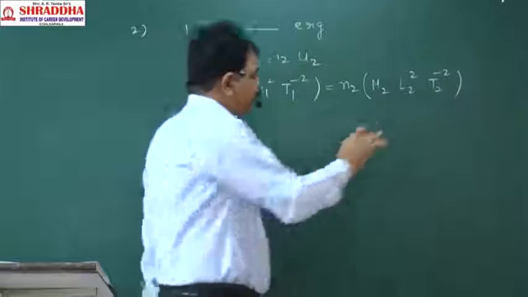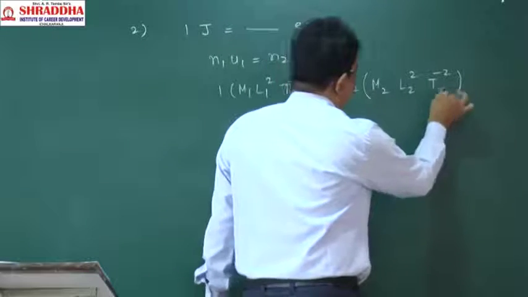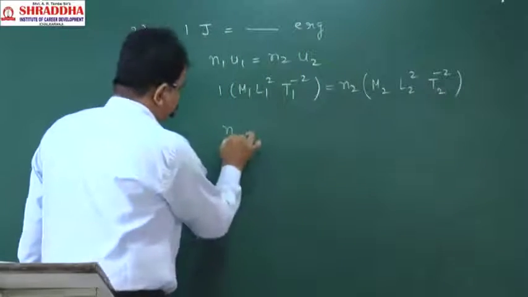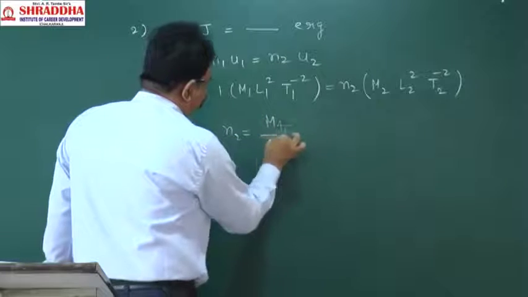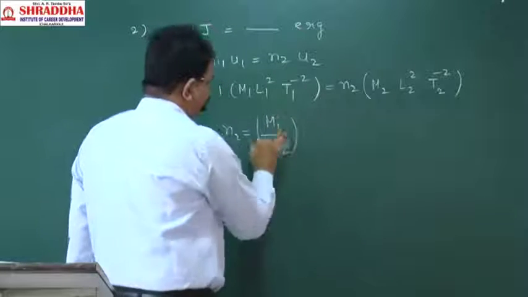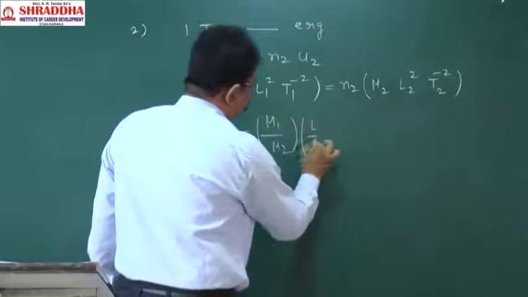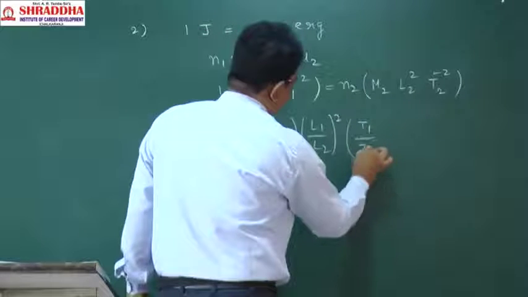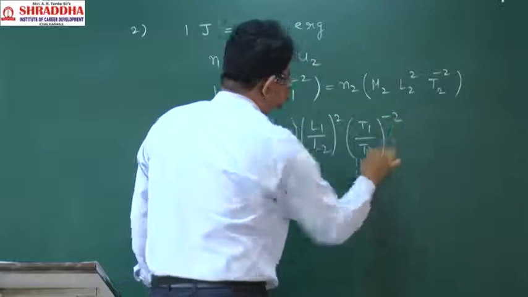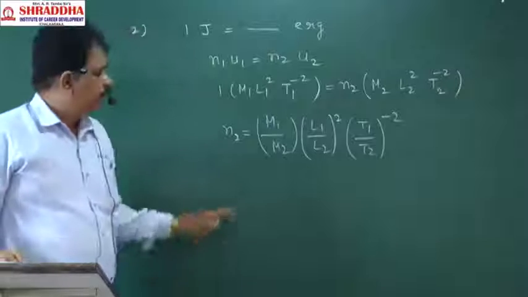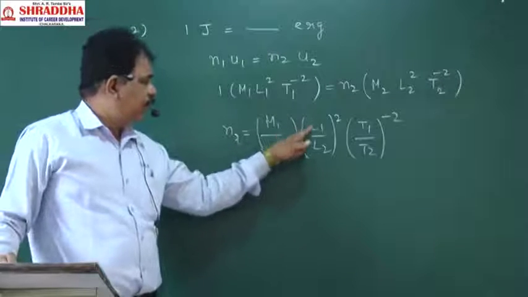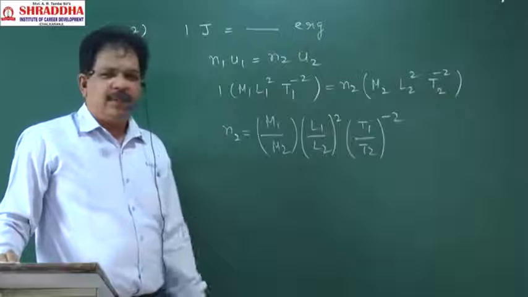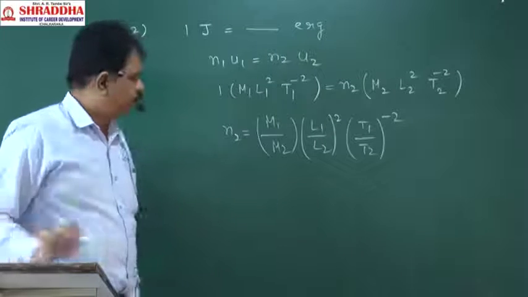That is the dimensional formula for the work. Then N2 is equal to how much? M1 by M2, L1 by L2 whole square, T1 by T2 power minus 2.